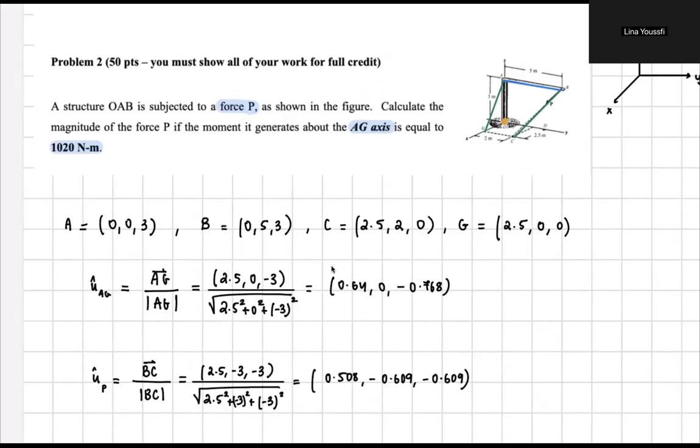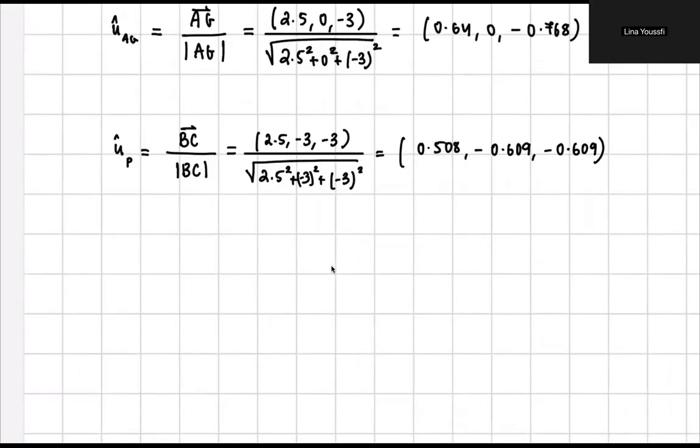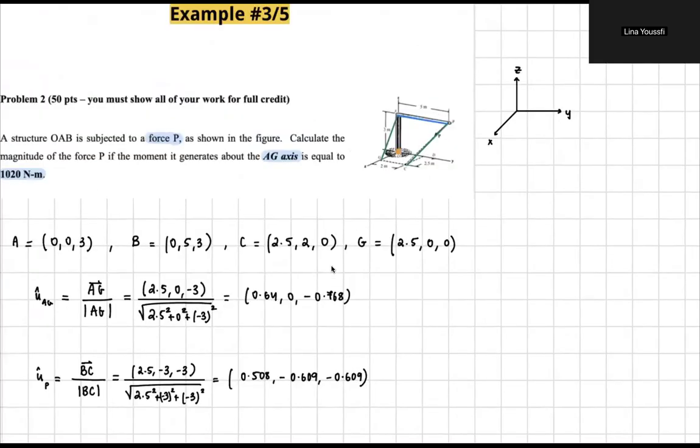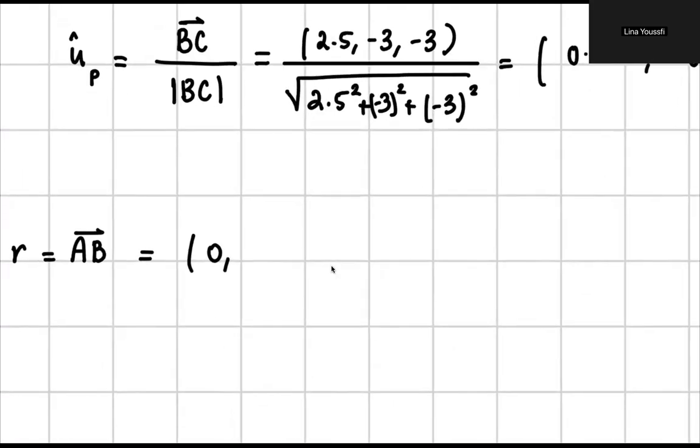Sorry, they're along the same X and Z, but different Y. So the position vector is going to be 0, since we're not moving anything in the X direction, but we're moving 5 in the Y direction, and we're not moving anything in the Z direction.